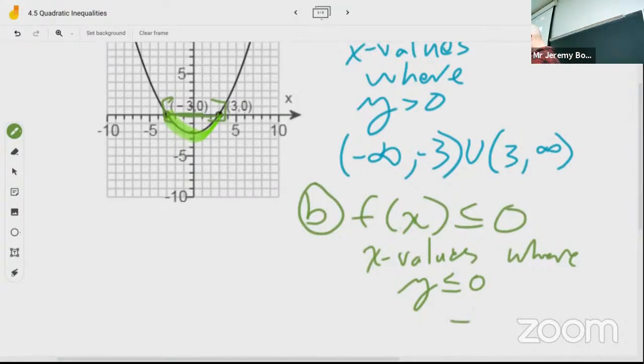Negative 3 to 3, and what symbol are we going to put on the ends, the bookend? We're going to put a bracket because it can be equal to negative 3 and it can be equal to 3, because it includes being equal to 0. Any questions on that? No. All right.